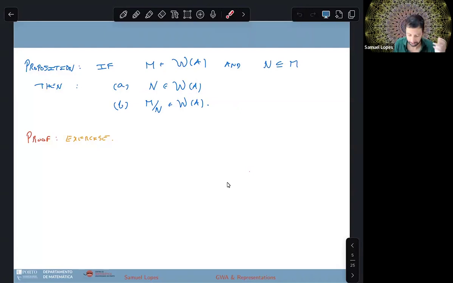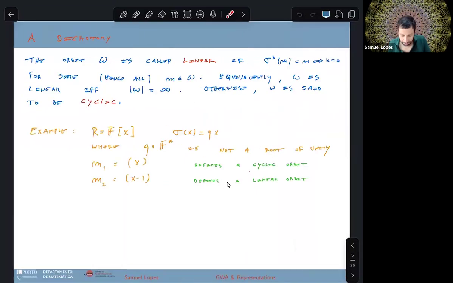So I really urge you to prove this. A submodule of a weight module is still a weight module, and this part is easy once you prove the first part: a quotient of a weight module by a submodule is still a weight module. So submodules and quotients of weight modules are still weight modules. I'm not going to prove it. I think it's more fun if you try to do it.